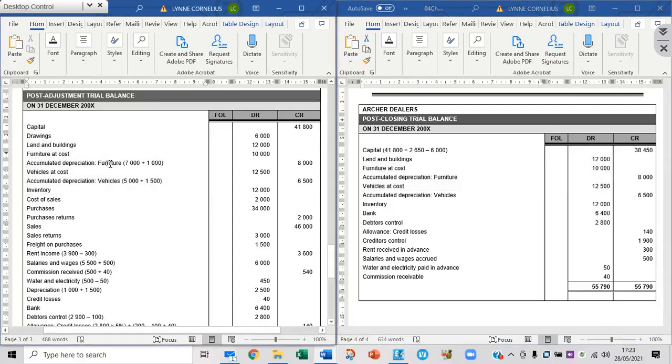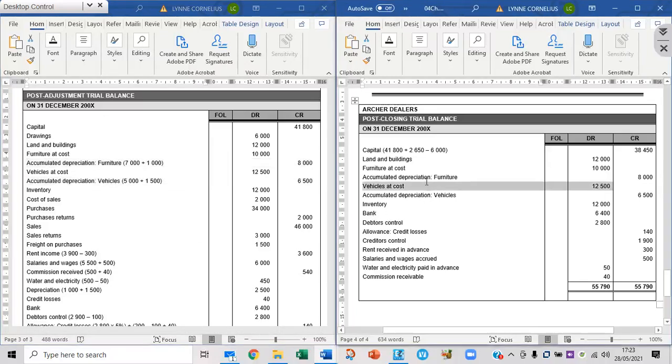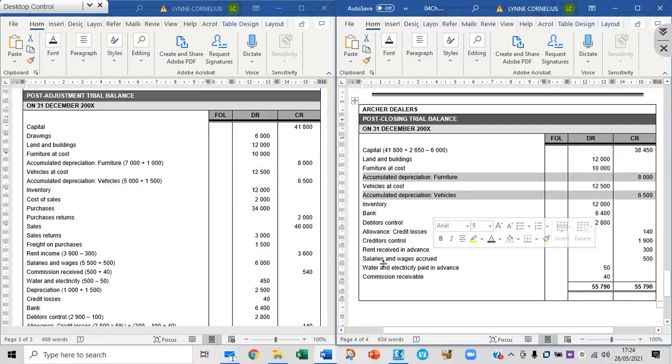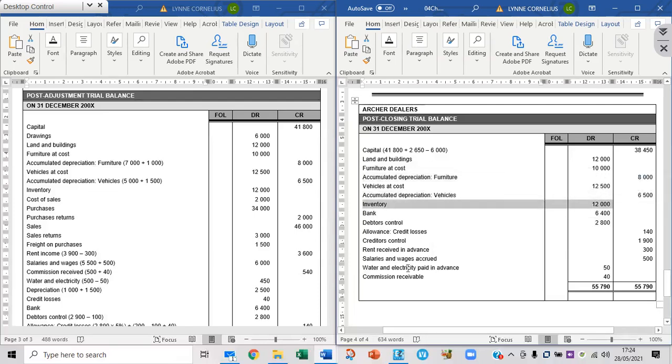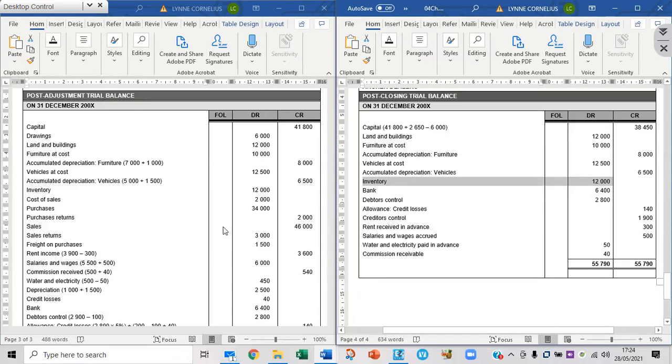And if we just go and have a look at the accumulated depreciation accounts for furniture and for vehicles, those accounts are also still remaining. They are not closed off. There were no closing entries that affected those two accounts. So those two balances are also transferred as is. And as I mentioned, inventory is also transferred straight from the post-adjustment trial balance. It is not closed off.